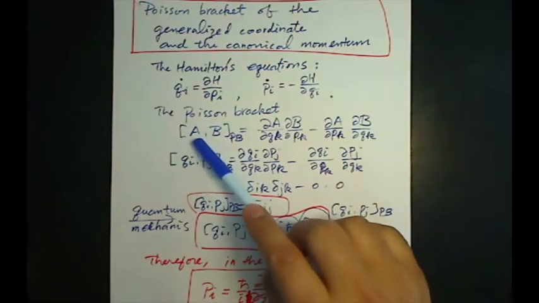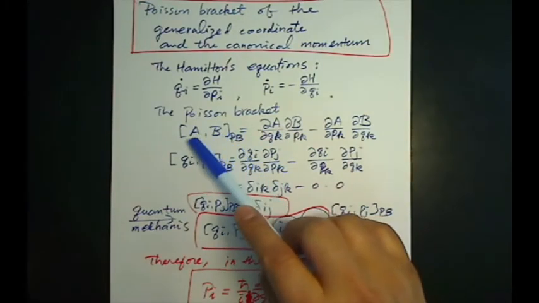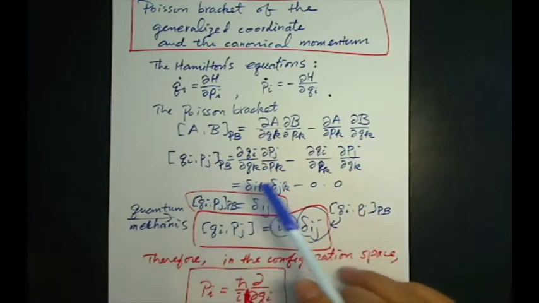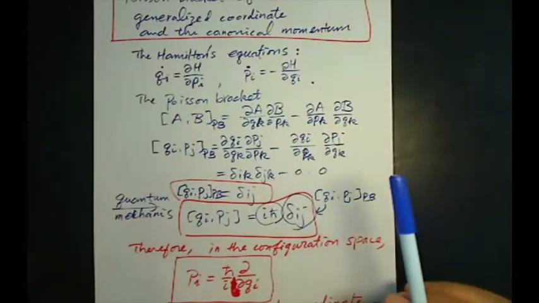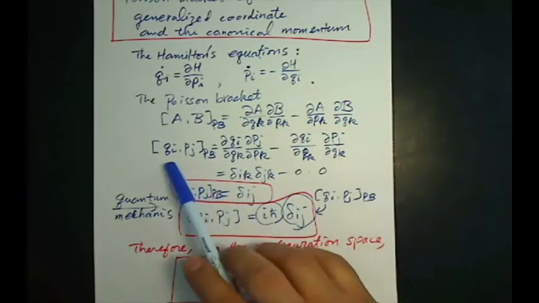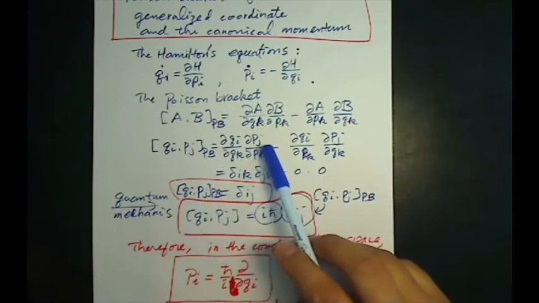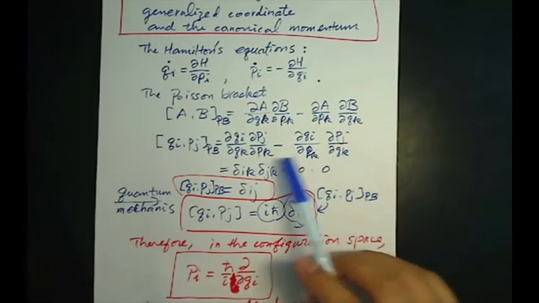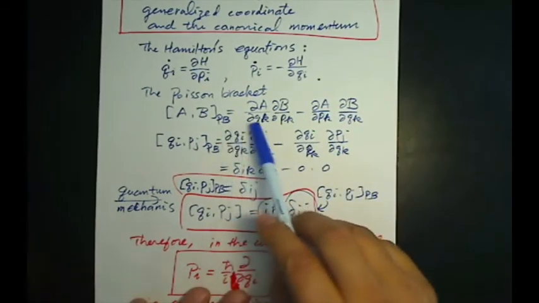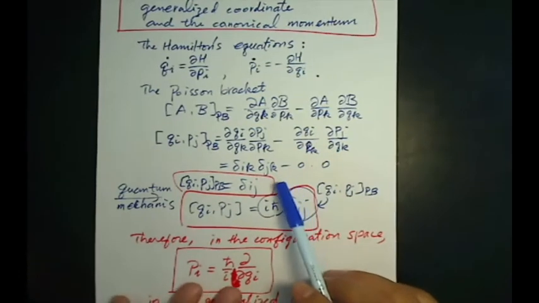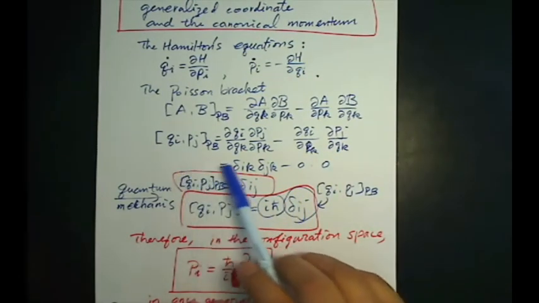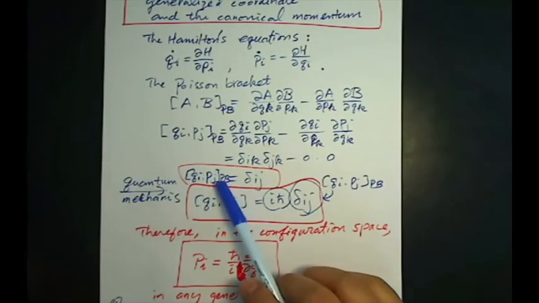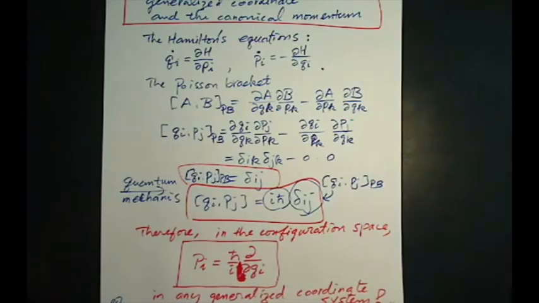If we substitute qi and pj instead of A and B, we may obtain the fundamental commutation relation in any generalized coordinates. The only surviving term is this one, delta ik delta jk. Therefore, the Poisson bracket in any generalized coordinates for the coordinate and the canonical conjugate momentum is delta ij.